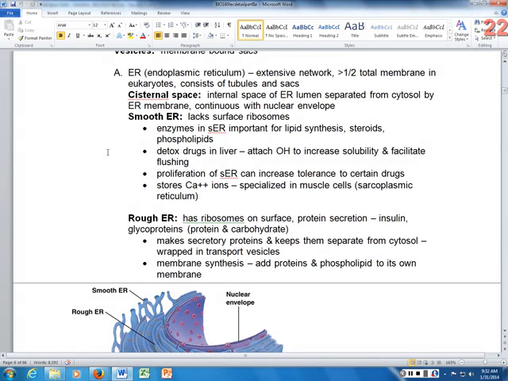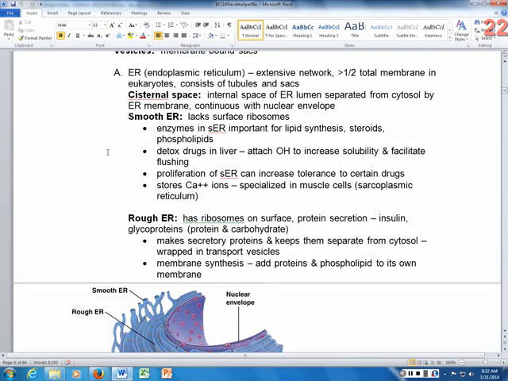So we use the smooth and rough ER for different things. Smooth is the one that lacks surface ribosomes. It's more important for lipid synthesis. When you think about it, membranes are lipids, so that would make sense. It's going to be involved with making steroids and phospholipids. They'll be involved with detoxifying drugs in the liver.